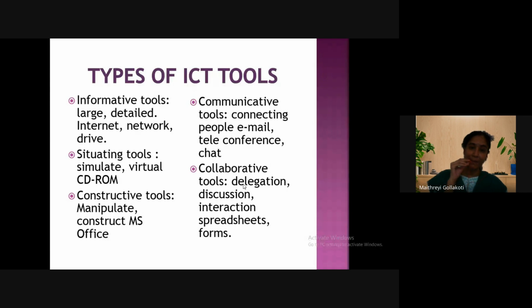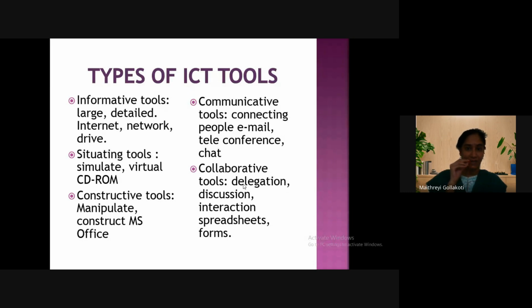I'll be working one part of the spreadsheet, another person will be working another part of the spreadsheet, and we put information, everybody can see it, isn't it? So that is a collaborative tool because it helps us work in a team without actually being present there. Okay, so these are the different types of tools: informative, situating, constructive, communicative, and collaborative tools. So these are the different types of tools in ICT.